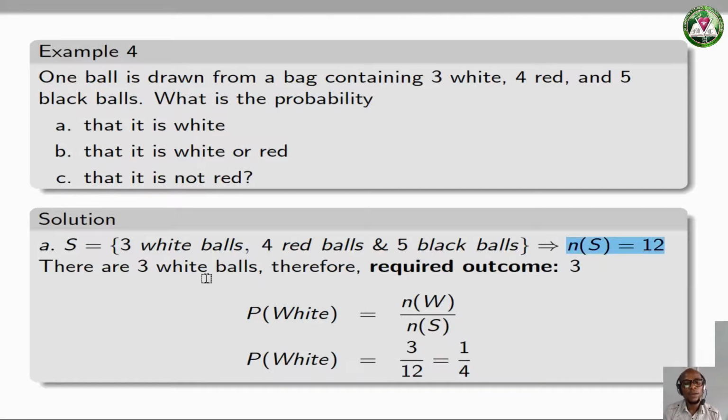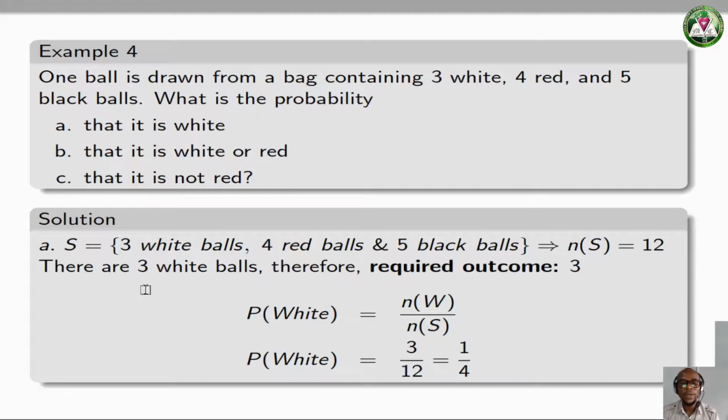So now, going to the first question there, what's the probability that it is a white ball? That when the individual draws one ball from a bag, it's going to be a white ball. There are 3 white balls, so our required outcome is 3, or the number of ways of picking white balls is 3.